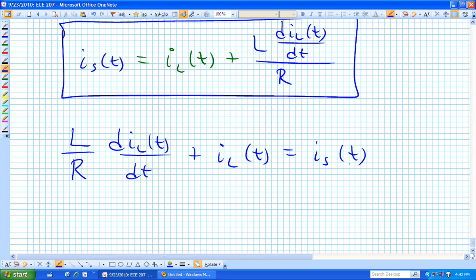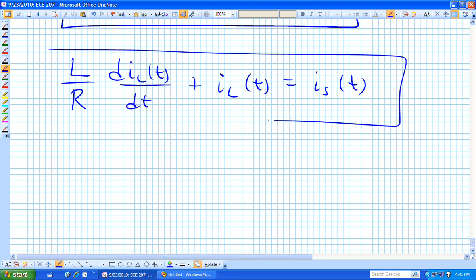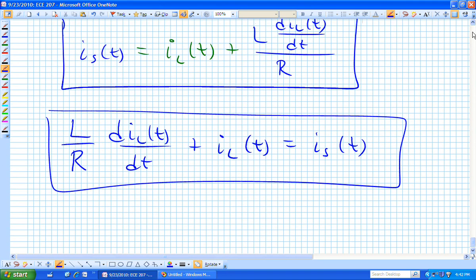Or, how else could I write that? This maybe looks better, but hopefully it's clear that it's exactly what I had before. I can clean that up by solving for the highest power derivative. That's a first order differential equation, isn't it?